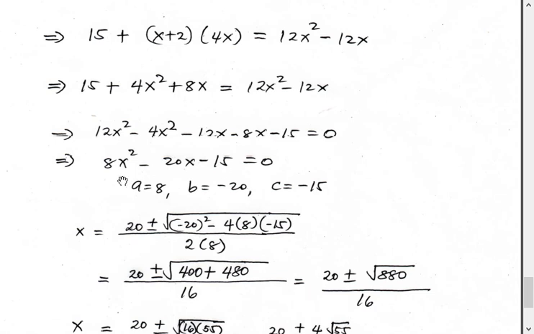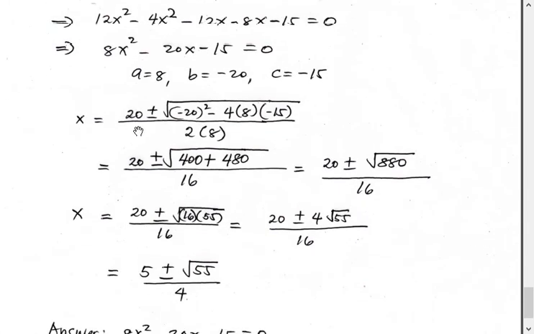Then we have 8x squared minus, combining 12x and negative 12x and negative 8x, that's negative 20x minus 15 equals 0. Why 8x squared? Well, we have here 12x squared minus 4x squared, that's 8x squared. Using quadratic formula, we have to identify a, which is 8, b is negative 20, and c is negative 15.